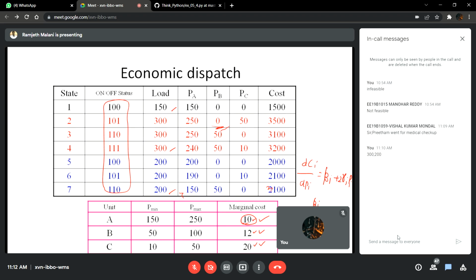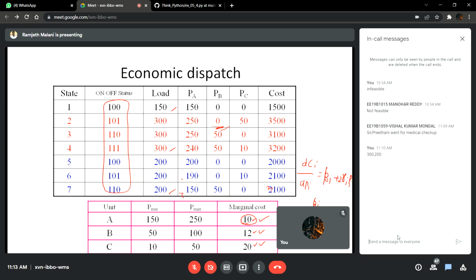If it is not possible to supply the load only with the first generator, then you turn on the second generator, that is unit B. And if the first and second generators cannot supply the demand, then only we will run the third generator, because from the marginal cost itself we can see that unit A is the least cost generator and unit C is the costliest generator.